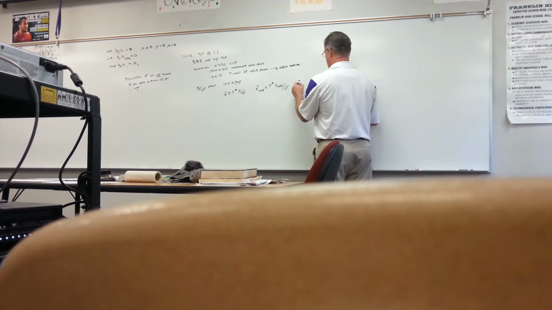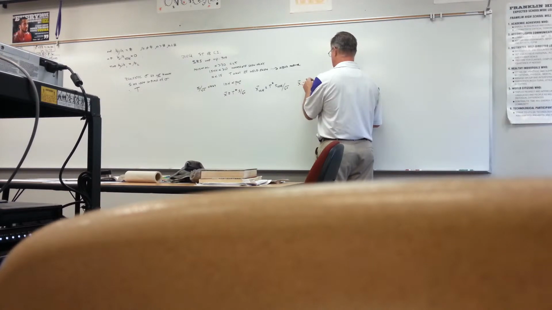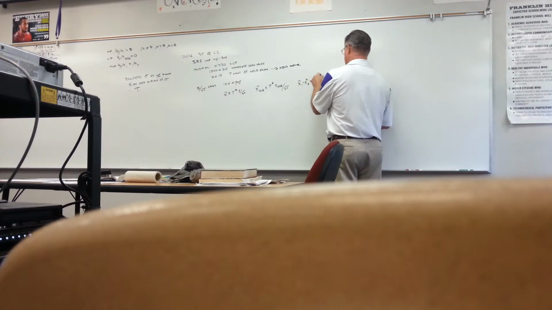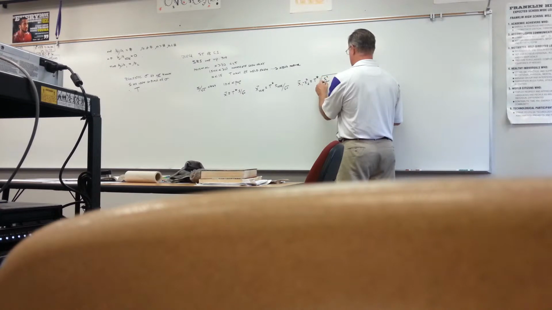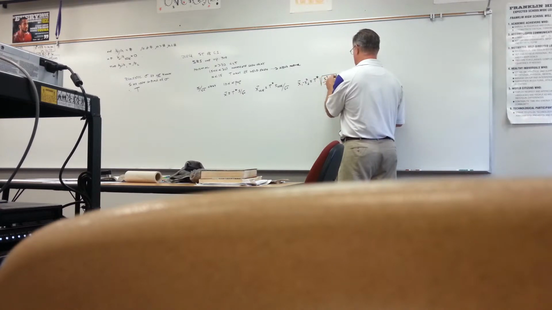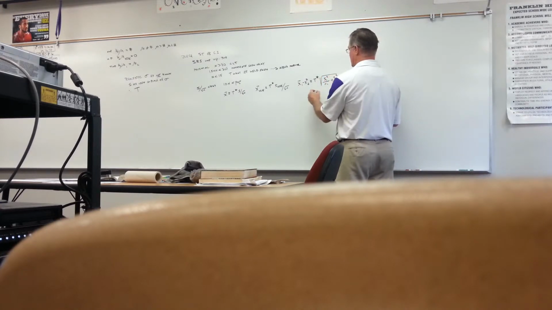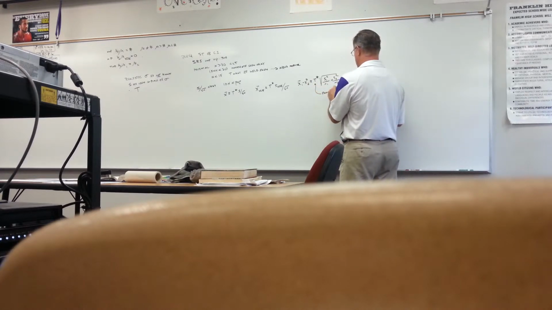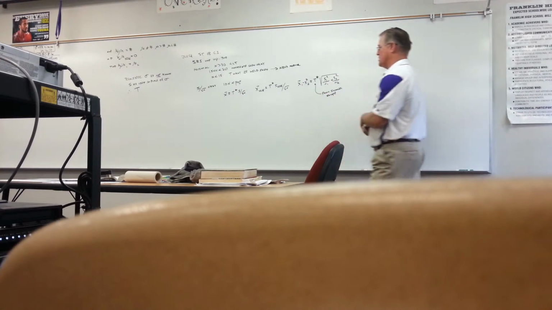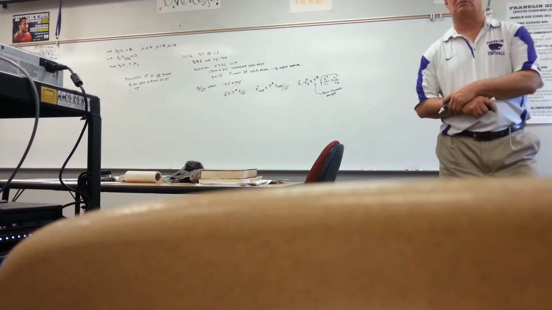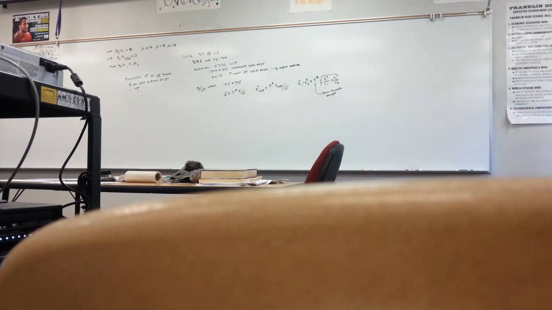For two samples, x bar 1 minus x bar 2 plus or minus T star times the square root of S1 squared over N1 plus S2 squared over N2. T star is from the smaller sample. If the samples aren't the same size, you pick the higher value there. Those are confidence intervals.